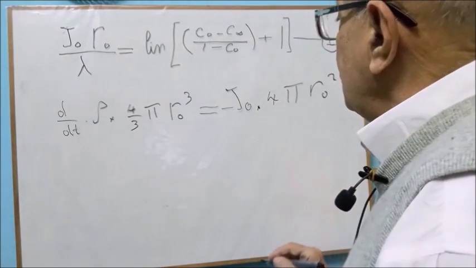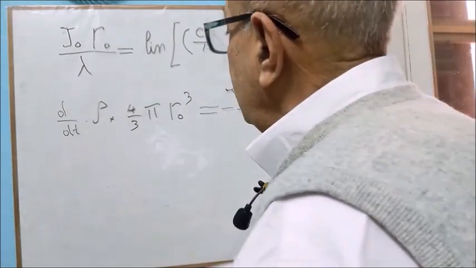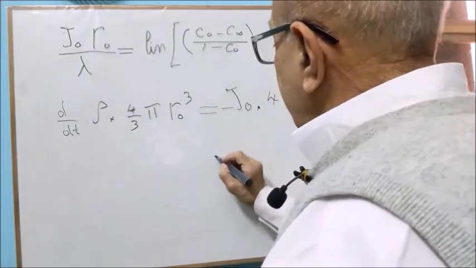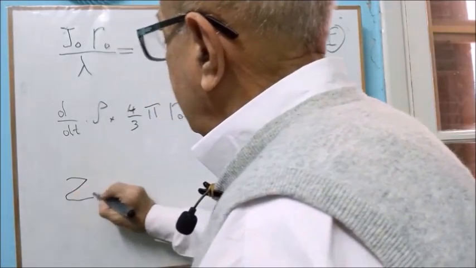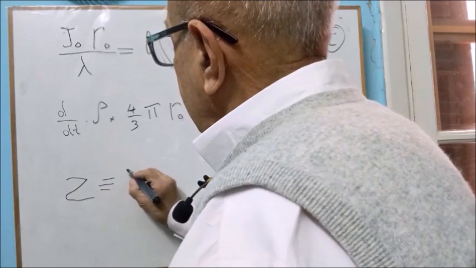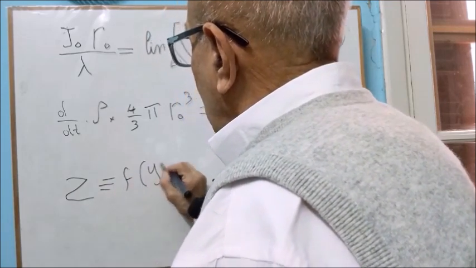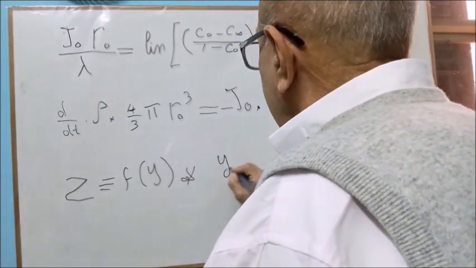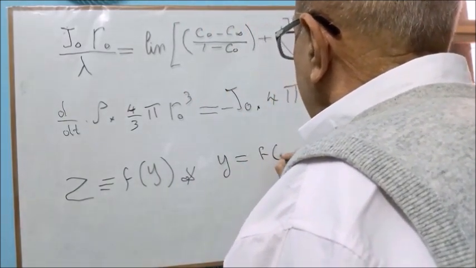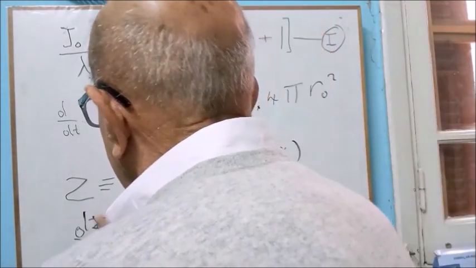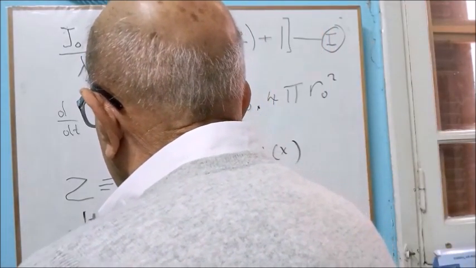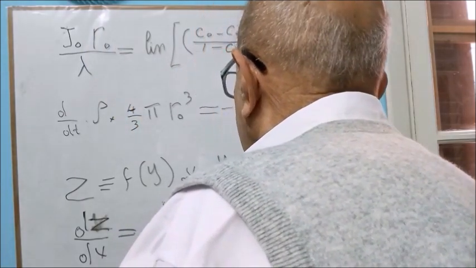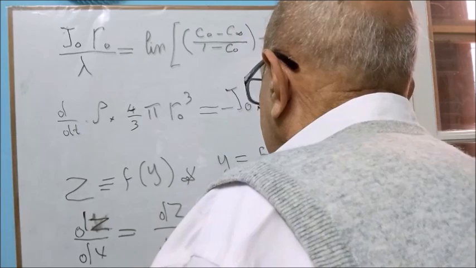Okay, so now, so simple, so easy. Let's differentiate this quantity. To differentiate, just for remembrance, if z is a function of y, and y equals f of x is a function of x, then dz by dx equals dz by dy times dy by dx.